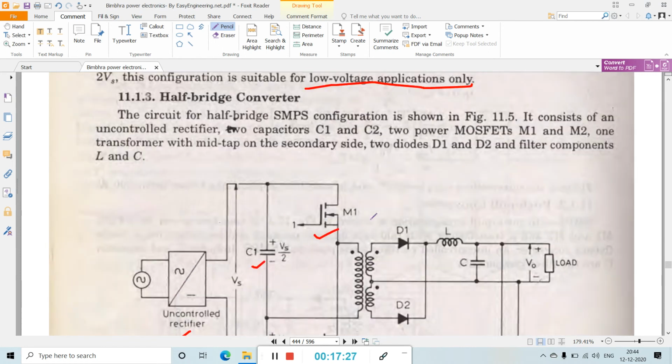Then the isolation transformer, where the secondary side is center tapped. Then two diodes D1 and D2 and filter components L and C are there.